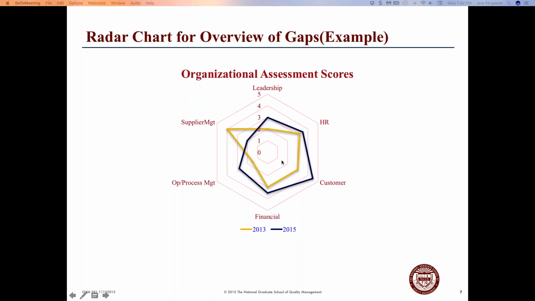You can see very quickly, based on whatever performance the company activities were, the areas where they've had the most significant impact on the organizational statistic. So for example, whatever customer means, they've moved from a 2 almost out to a 4.5. And in the area of supplier management, they've moved from a 1 to a 4. So whatever their management activity that's taking place in this organization, these two areas have moved significantly.